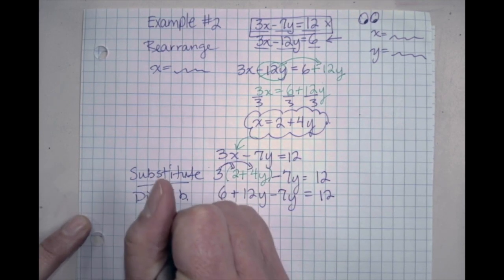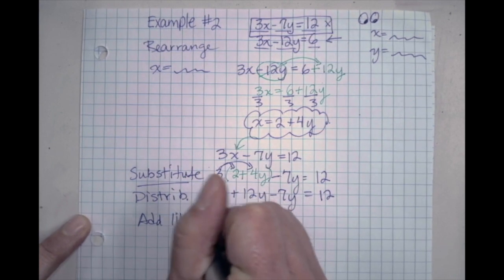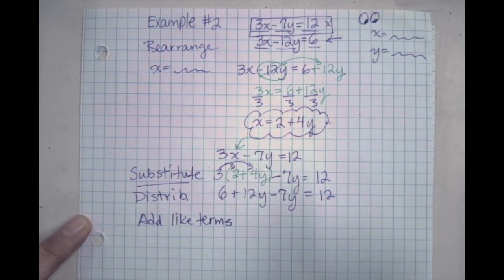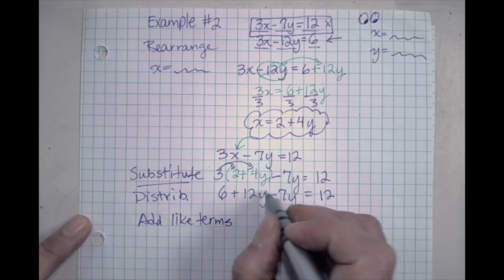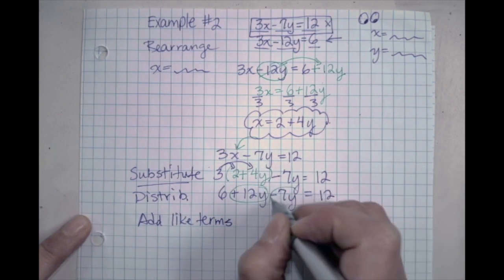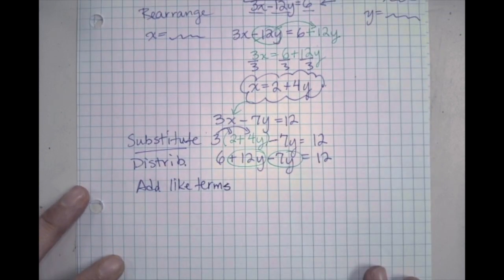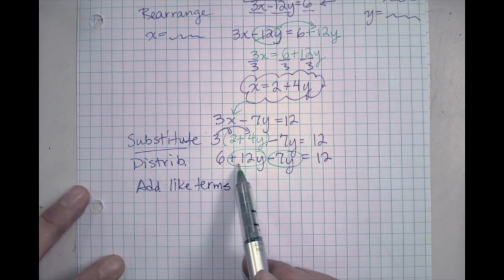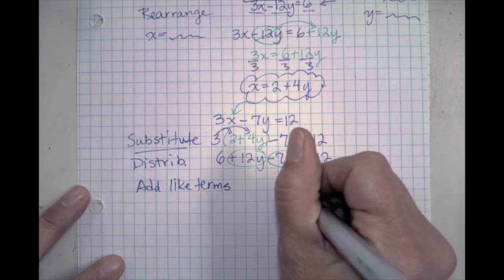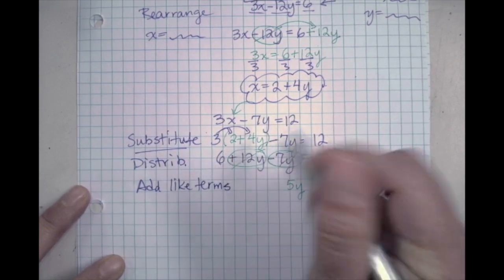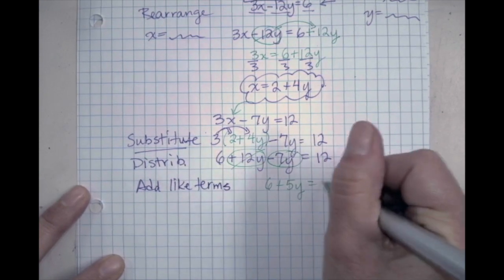When you add like terms, you see if there's several of one particular variable, and we do. We have a 12y here and a -7y here. So let's put those together. 12 minus 7 is 5, so that's 5y. Let's go ahead and put the 6 there, the rest of the equation.